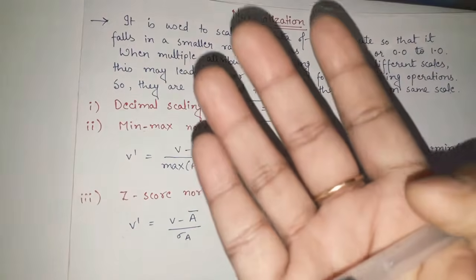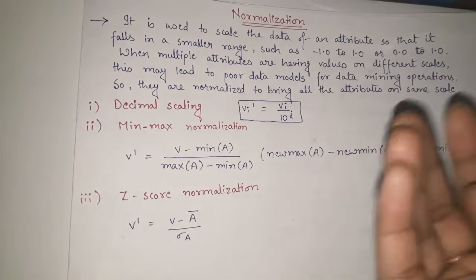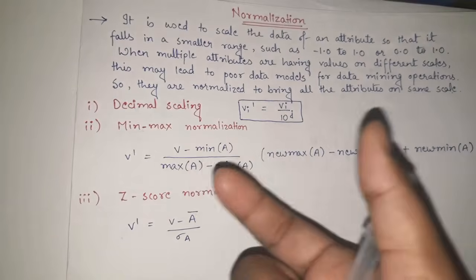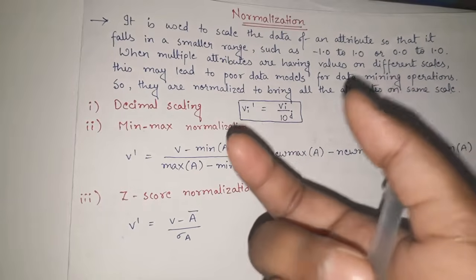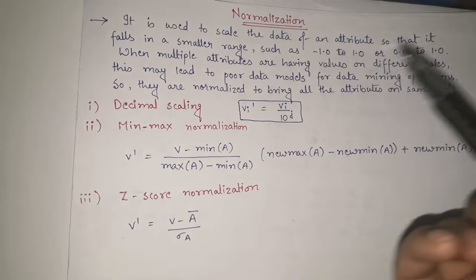For example, the data can be given to you in any range, like some of the data is in thousands, some of the data is in lakhs, some of the data is in crores. So if we want to scale them in the same range, we will normalize them into the smaller range such as -1 to 1 or 0 to 1.